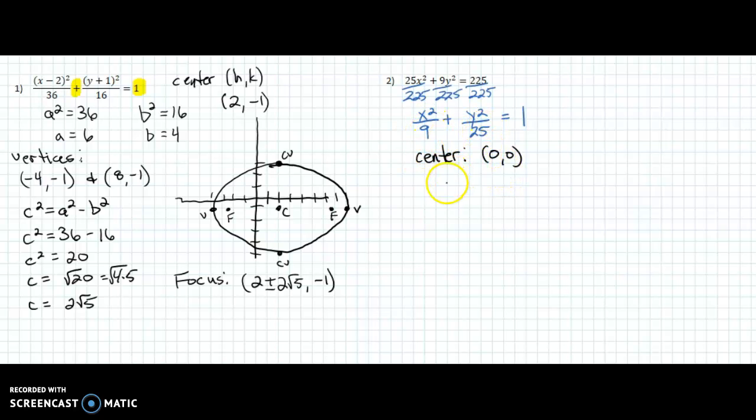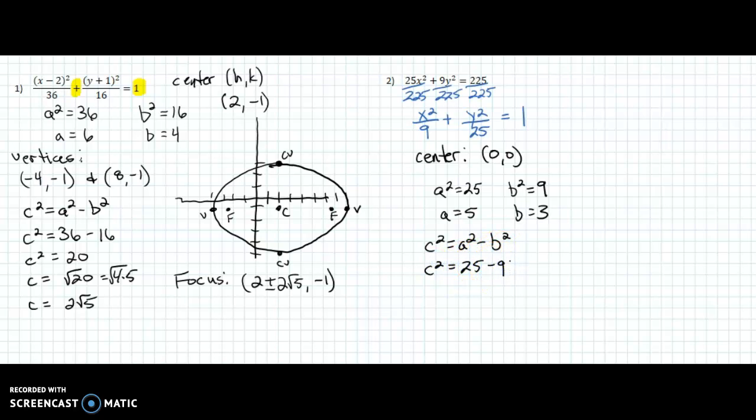A squared in this case is 25, and b squared is 9. Remember, a is always the bigger number. So a is 5 and b is 3. And let's go ahead and find c. So c squared is equal to a squared minus b squared. So we have 25 minus 9.